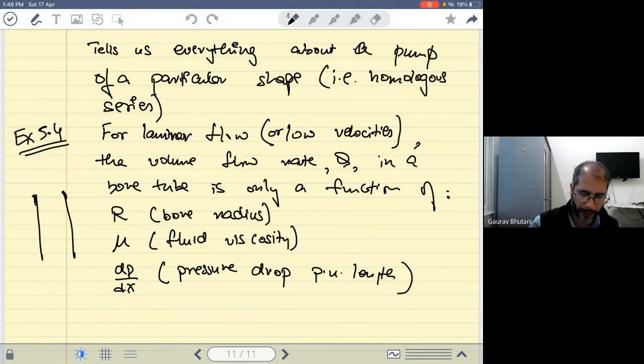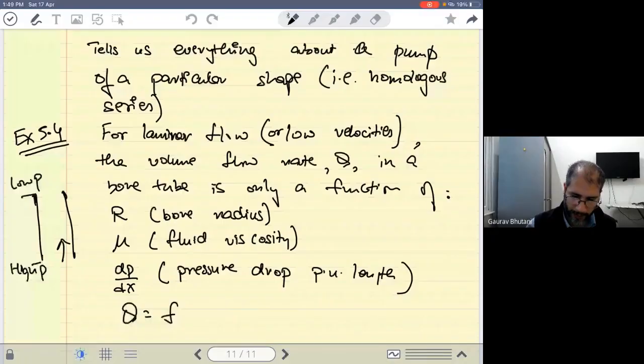Okay, the fluid will rise up in this because of the pressure difference. There will be high pressure here and there will be low pressure here. So dP by dx is what matters. So we have seen that the flow rate is a function of R, mu and dP by dx.